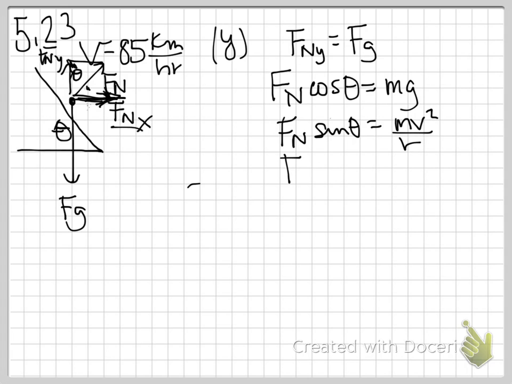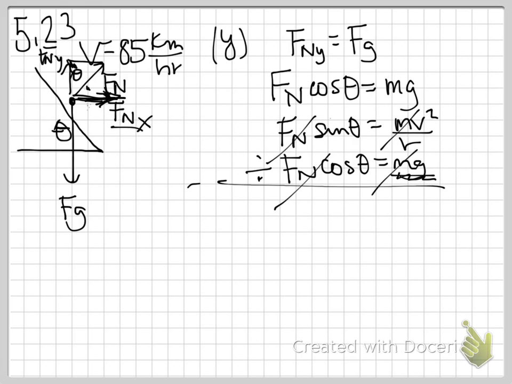I'm going to quickly rewrite Fn cos theta over here one more time. Some of you know why here. Oh, it's not divided by anything. Because what I want to do is divide. That will get rid of the Fn's, the m's, and you'll get tan theta equals v squared over rg. And that's important because you can do the inverse tan, and that will give us what theta is.